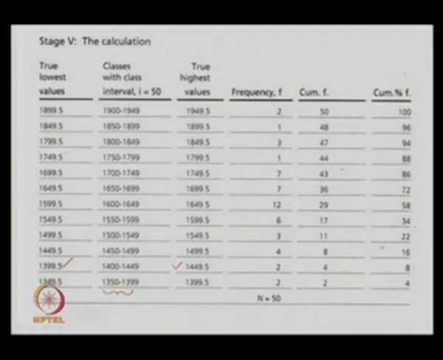The cumulative frequency is the same thing, whatever we got by adding: 2 plus 2 equal to 4, 2 plus 2 equal to 4 like this way, and 4 plus 4 equal to 8, by adding this way we are coming to 50. Now, with this 50 this is the cumulative frequency.